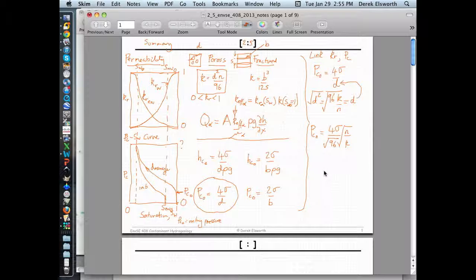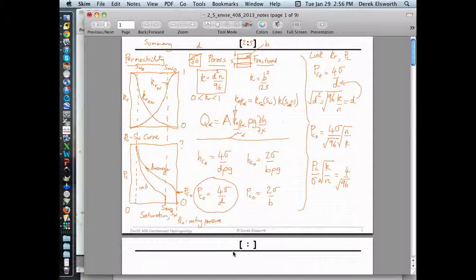But what we can also do with this is rearrange this further, just by dividing both sides by interfacial tension and multiplying both sides by porosity over permeability square root, in which case we would end up with something that might look similar to you now, which is equal to 4 over square root 96.